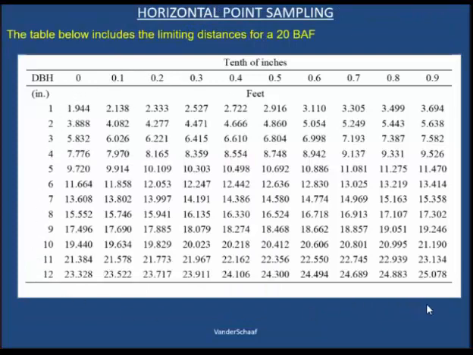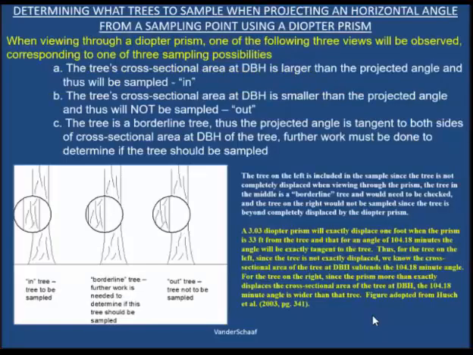I can run a tape from any tree to a plot center, run that horizontal distance, and determine whether the tree is in or out. That's what we're using these tools for, prisms for example, to minimize a large amount of that work, so we don't have to do that for each individual tree. But you should manually check borderline trees.